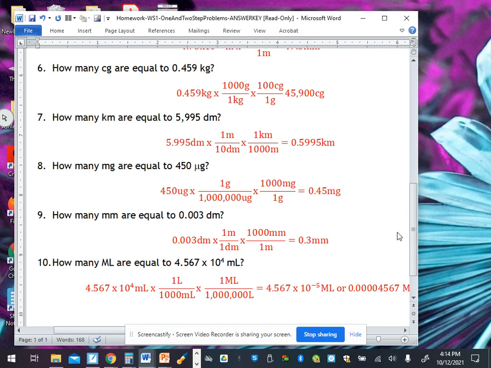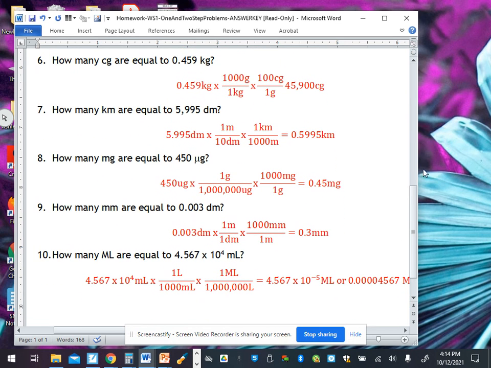Scroll down here and we'll look at the back page, so 6 through 10. So 8 and 9 we did together in class. This is supposed to be a 10 here.